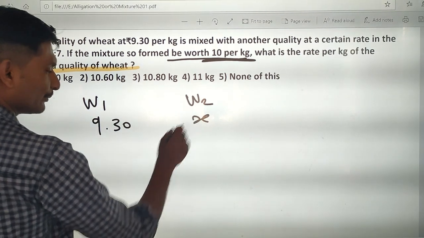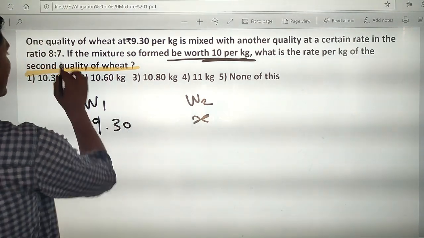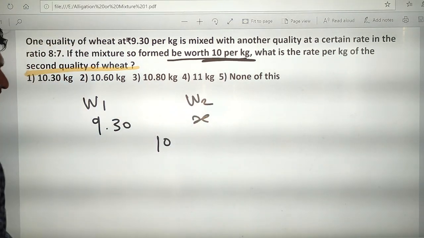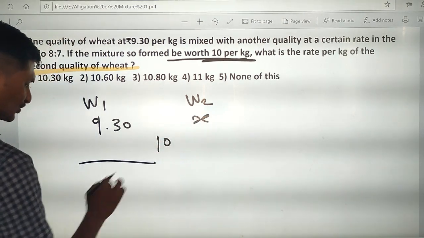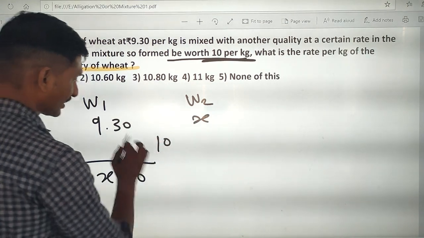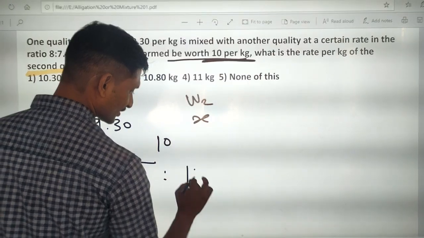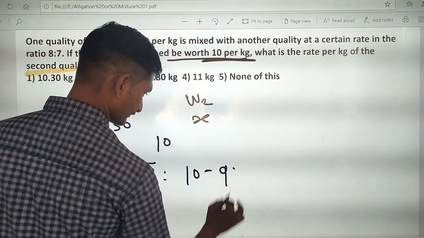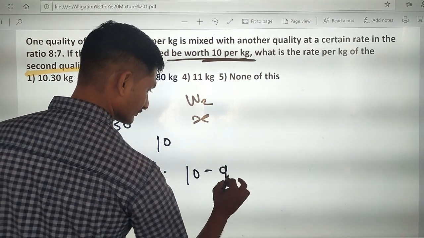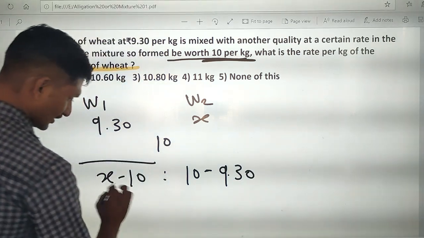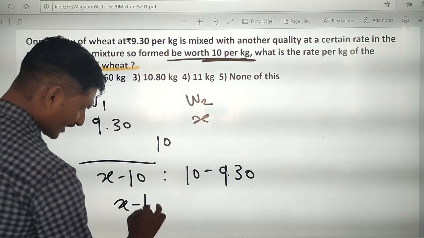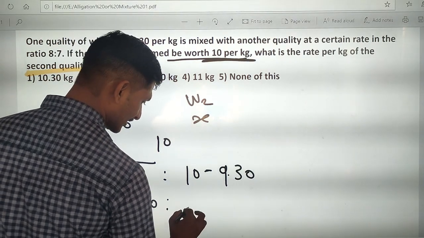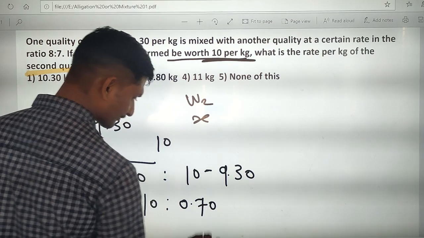Then these two quantities are mixed and the mixture is sold at 10 rupees per kg. Here we write the subtraction of these two: x minus 10 and 10 minus 9.30 is 0.70.